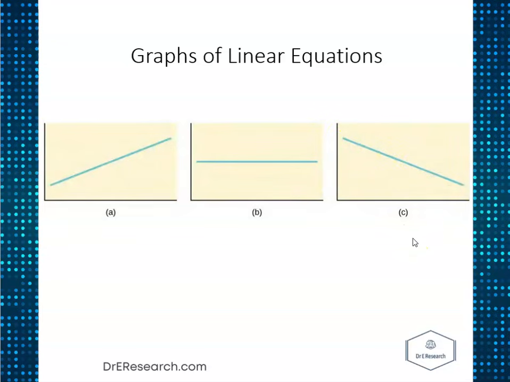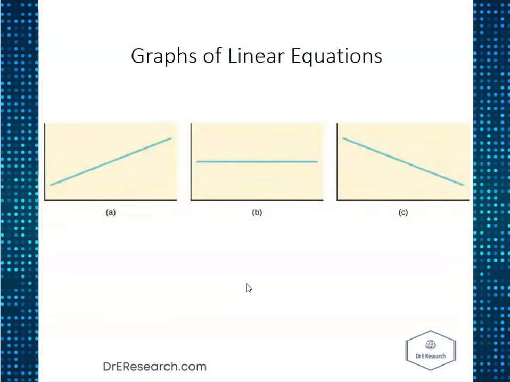Of course, it could also be a vertical straight line, but that doesn't typically happen in statistics as much, so it's not something we're going to cover here. Essentially, what's important to understand is that here we have what's called positive slope. Here we have what's called negative slope. In the middle, we have zero slope or no slope.